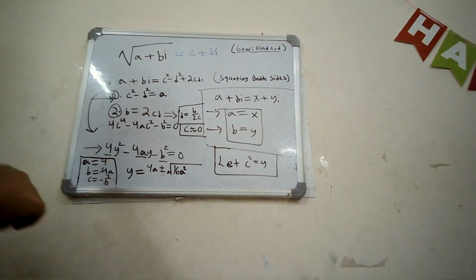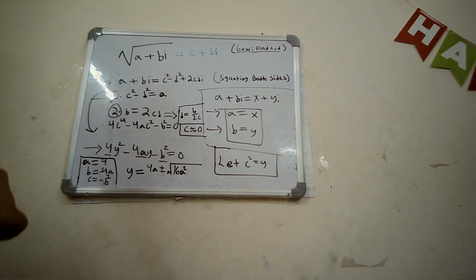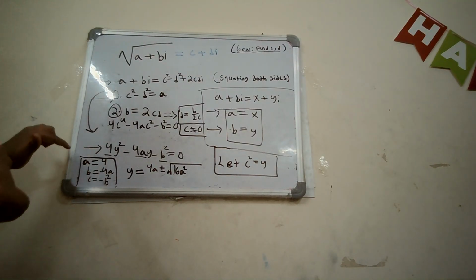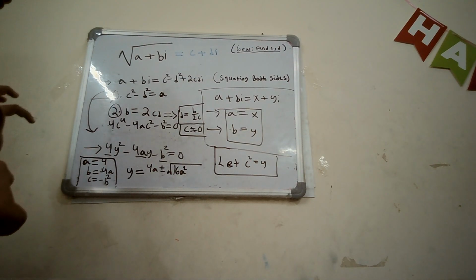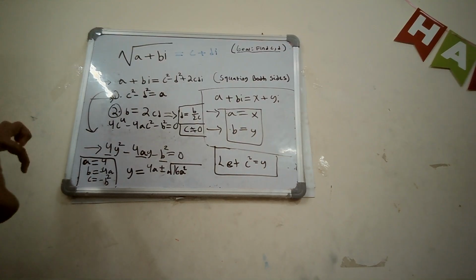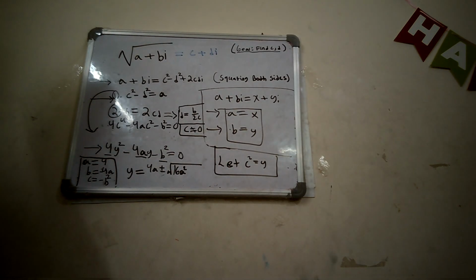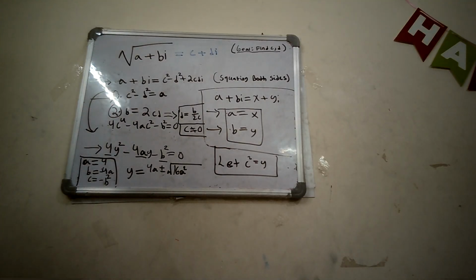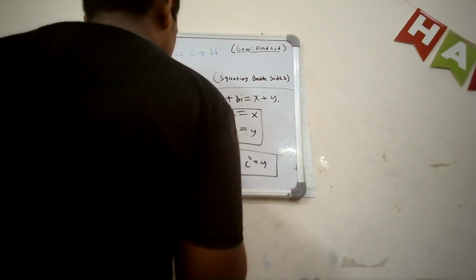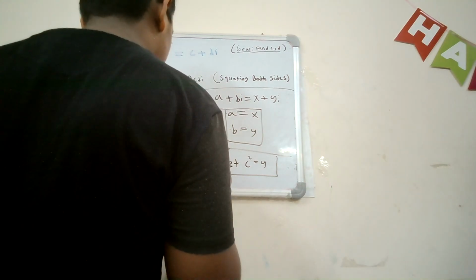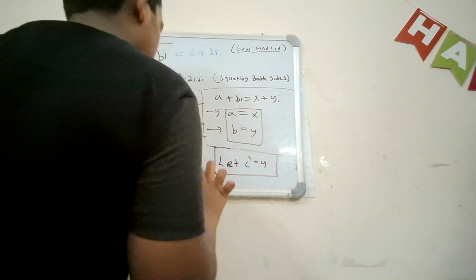Minus 4ac: 4 into a into c. 4 into 4 is 16, and 16 into negative b squared is negative 16b squared. But negative 4ac would be positive 16b squared, because the negatives cancel out.